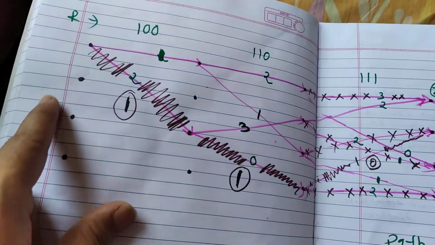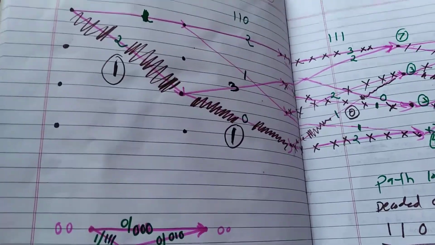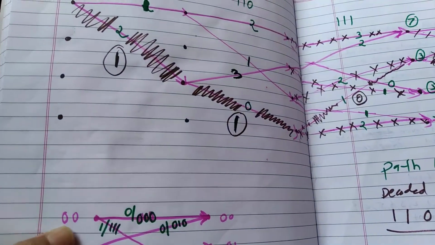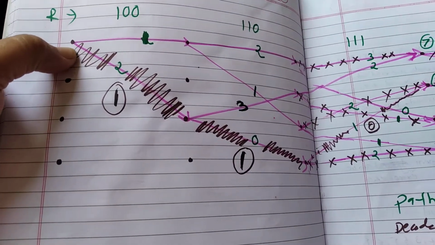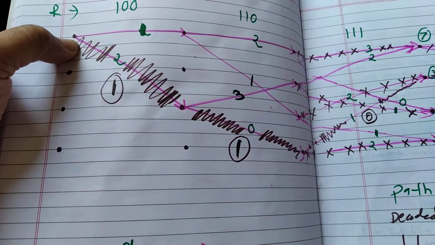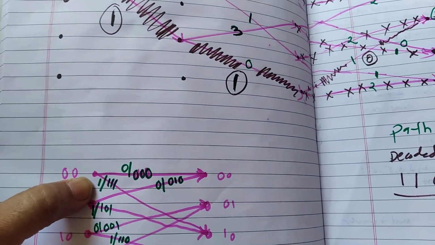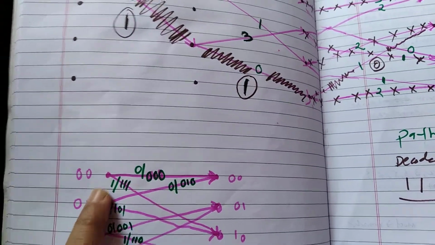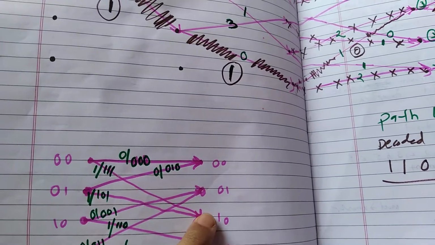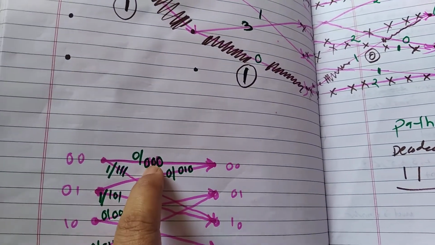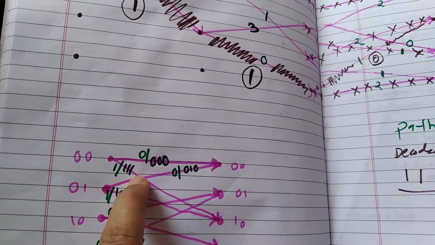So the first state is always 0, the initial state is always 00, so this state is 00. When 00 is there, you have to see in the trellis where the lines are going: to this point and this point, and the outputs are 000 and 111.